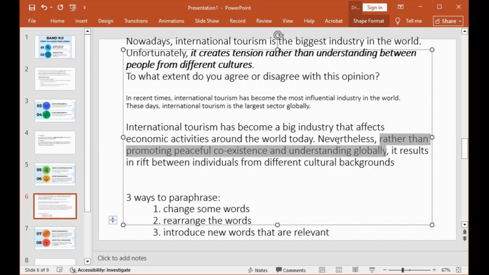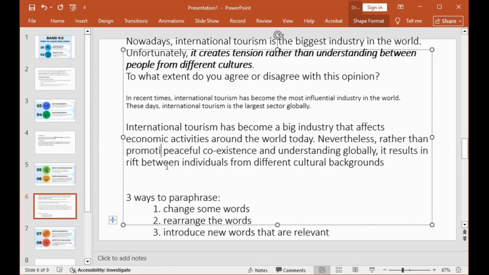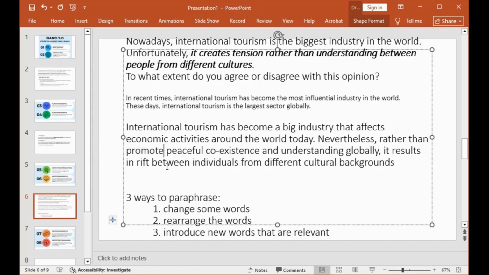So nevertheless, rather than promote, this one should be promote. Rather than promote, that's parallelism. Rather than promote peaceful coexistence and understanding globally, it results in what? Rifts between individuals from different cultural backgrounds.